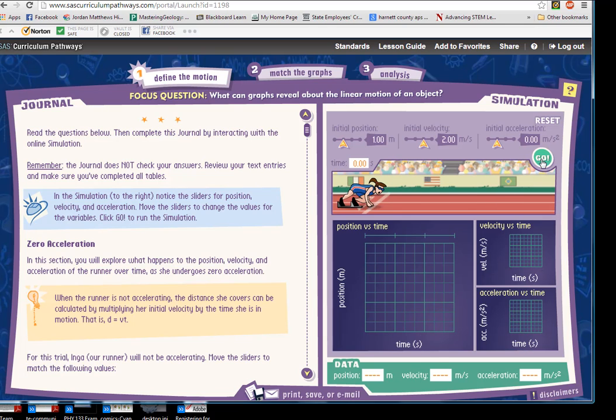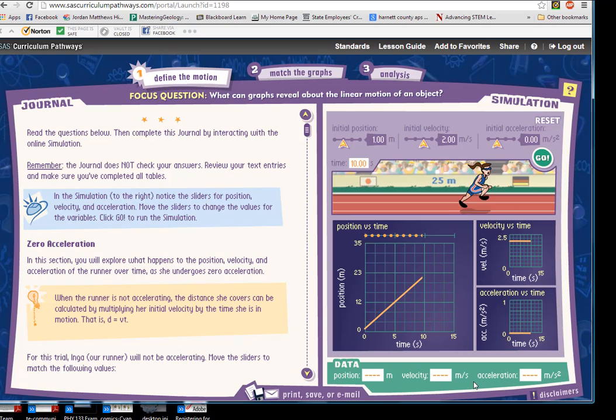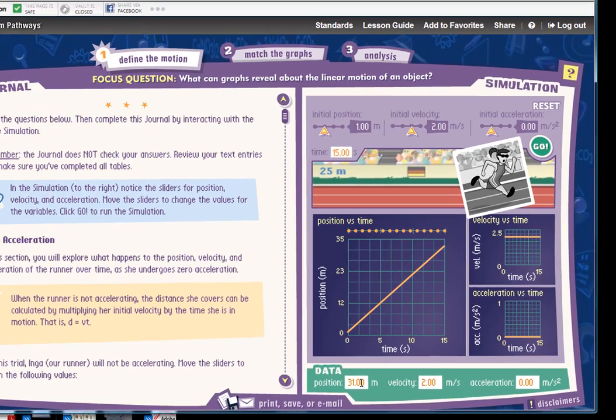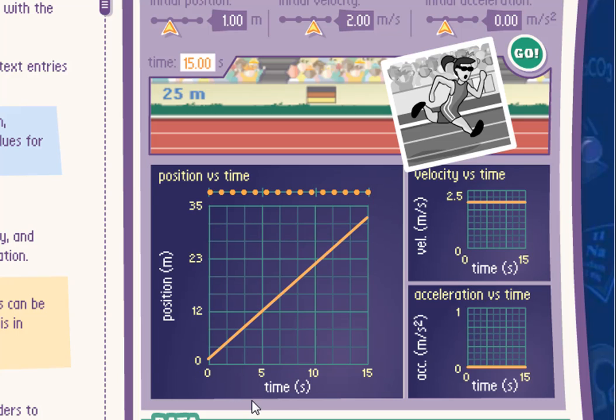So if we press go here, you'll notice that for something that's traveling at a constant speed of 2 meters per second, every second it goes 2 meters. So if I look at the position graph, after 1 second it's gone 2 meters. After 2 seconds it's gone 4 meters, and so forth. So if I look at that graph, it's a straight line.